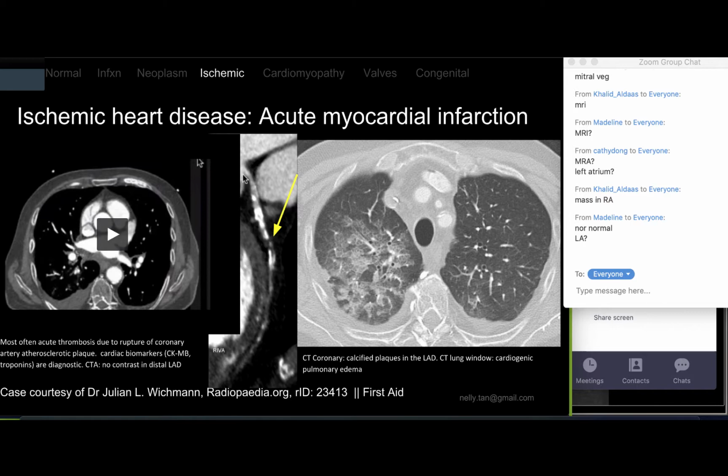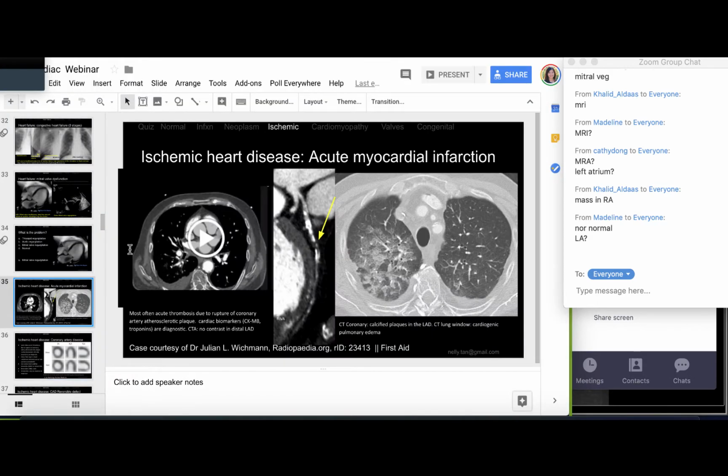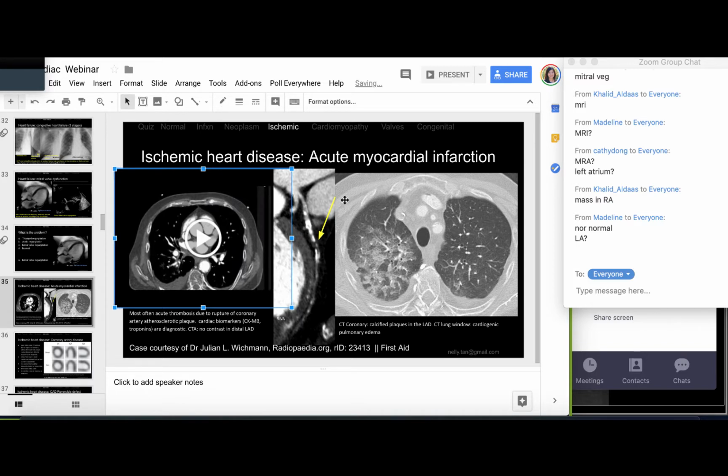So this one is a reconstruction. Oh, that's just the image as it is. Okay, so this one is a reconstruction. We see this is the left main, and this is the same patient.